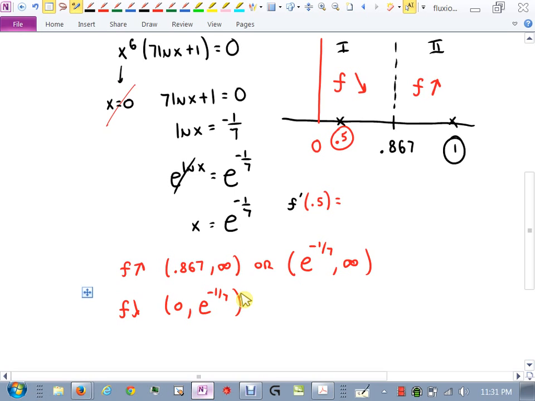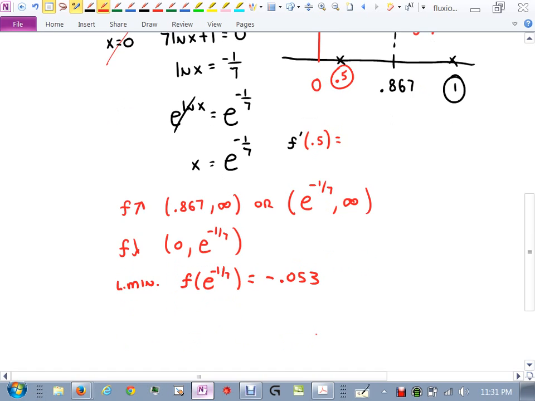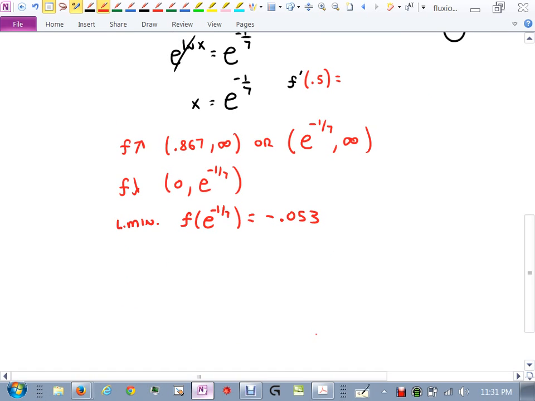I have a local minimum, right, because it goes from down to up, at f of e to the negative 1/7, which you would have to plug into the function. I'm not going to plug it in. It comes out to approximately negative 0.053. So that's our local min.